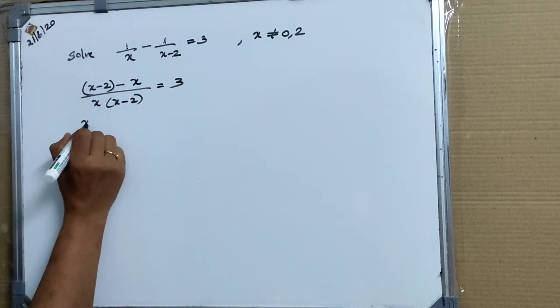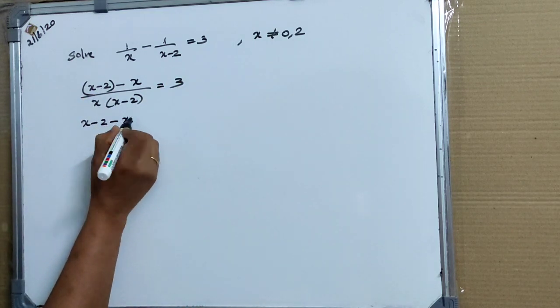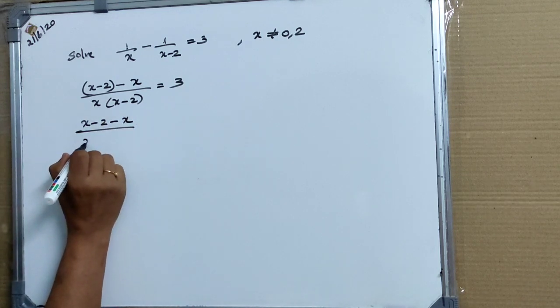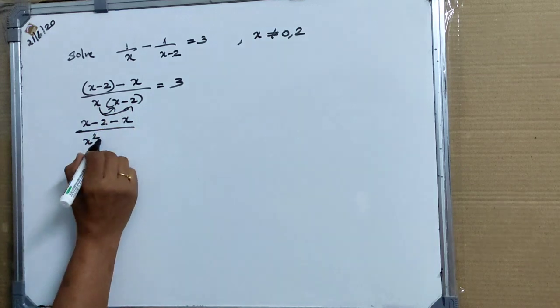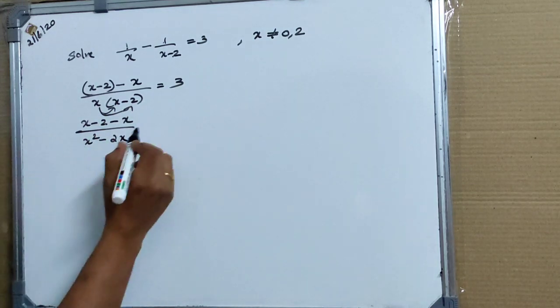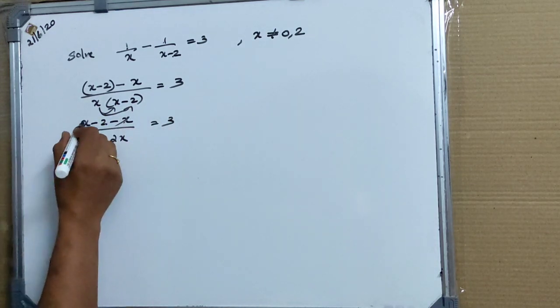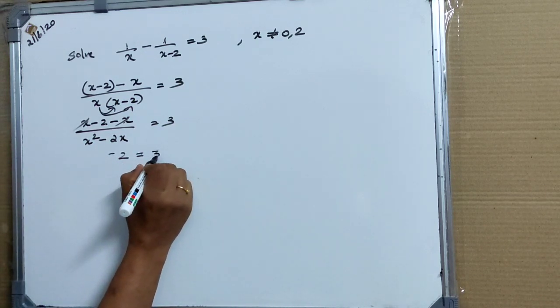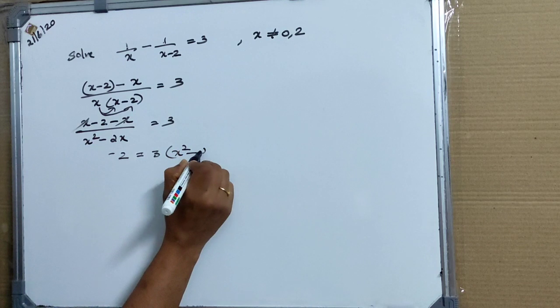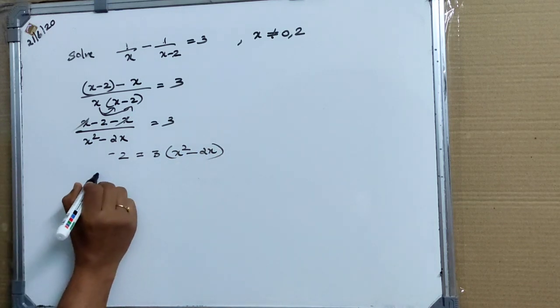Now x minus 2 minus x by x square minus 2x equal to 3. x is getting cancelled. Minus 2 equal to 3 into x square minus 2x.